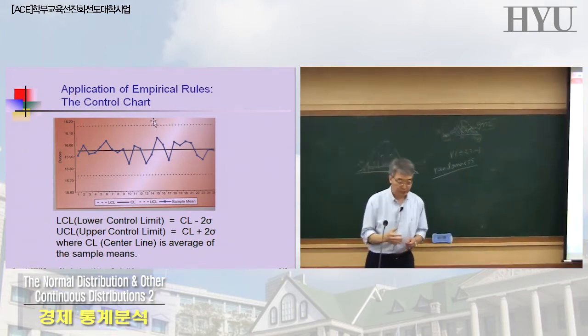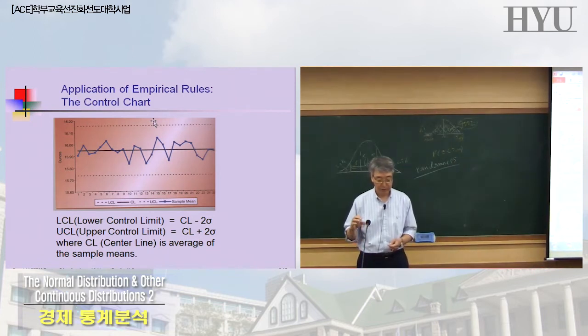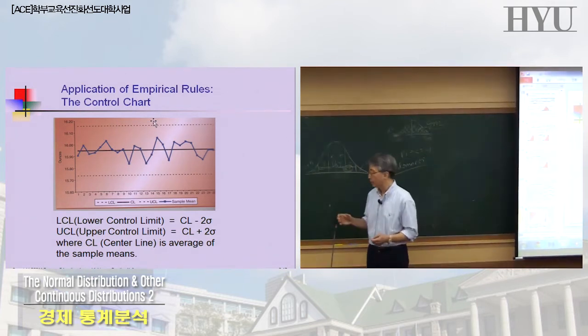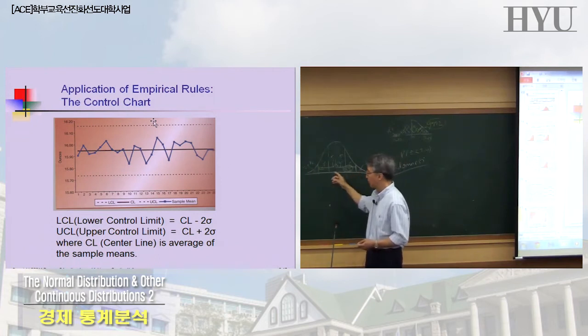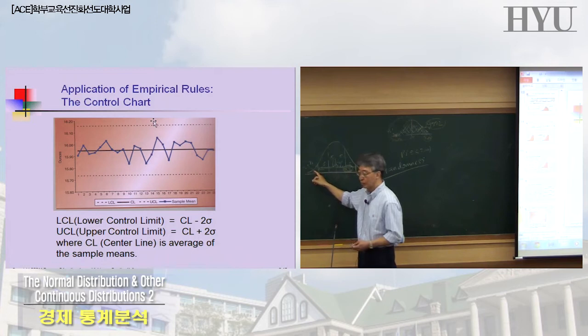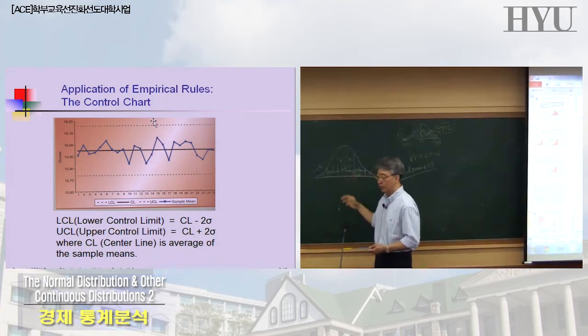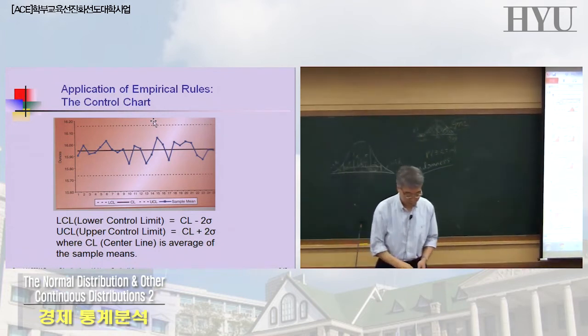And if the amount of liquid in the bottle is normally distributed, right? Then if you collect the sample 100 times, about 2.5 times you can get an extremely large value. About 2.5 times you can get an extremely small value, where extremely means 2 standard deviation values, okay? That's the idea of the control chart, right?